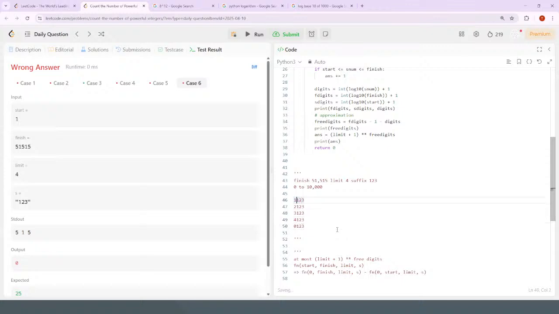So not every single one of these ways works adding an extra digit in front. For instance, it only really works with this one, 1, 1, 2, 3. It doesn't work with the 2, 1, 2, 3.